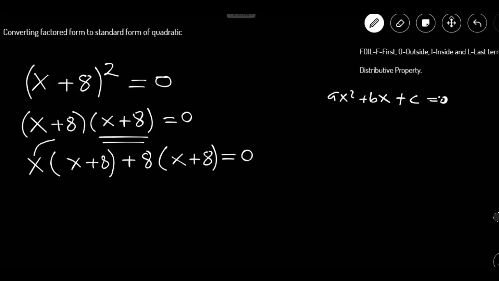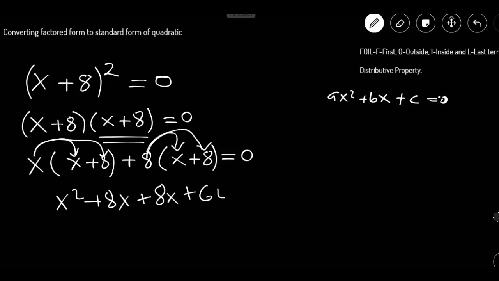And now here we are distributing, so x times x, x squared, same time x times 8, 8x, 8 times x is 8x, then 8 times 8, which is 64, equals to 0. The middle two terms are like terms, so you put them together.